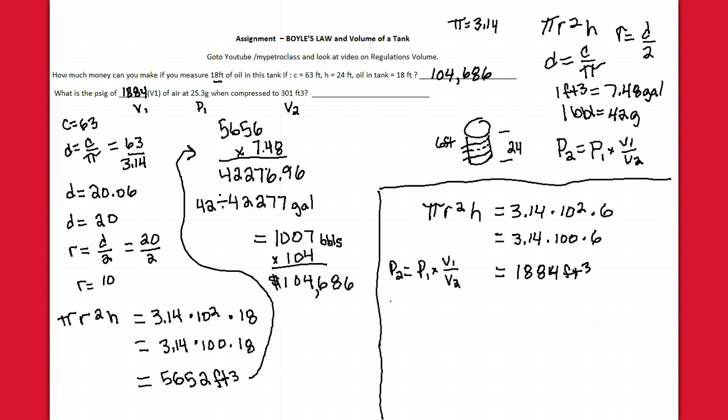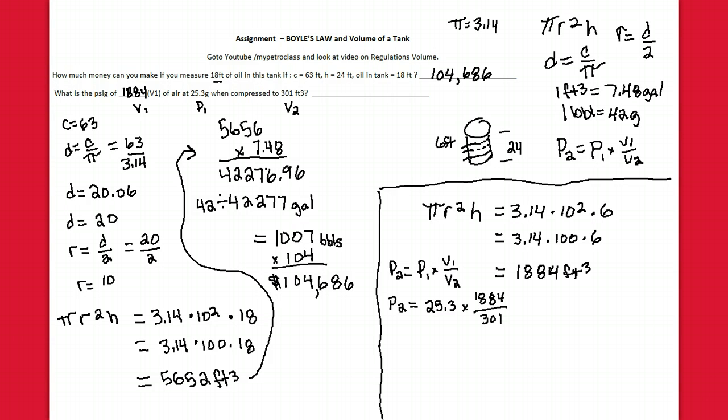All right, P2 is going to be equal to, what's P1? 25.3. But then we're going to have to convert this. Times V1 is 1884 over 301.